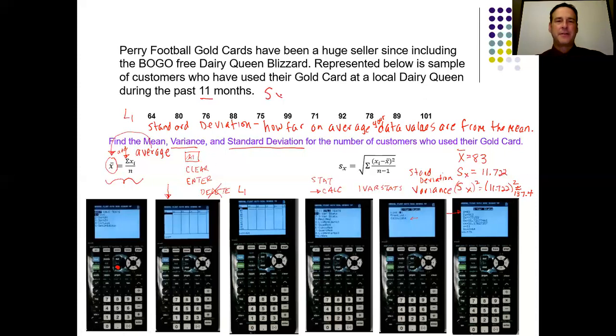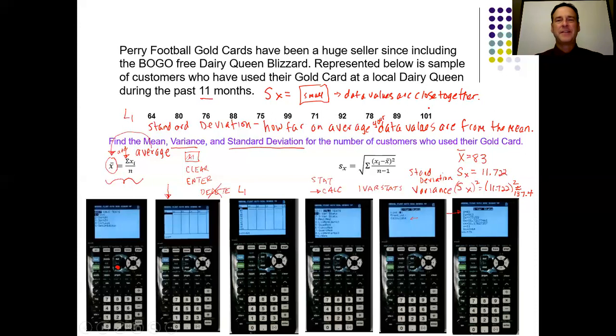If your standard deviation is really small, like it's close to 0, what that means is that your numbers are close together, your data values are close together. And that's good.